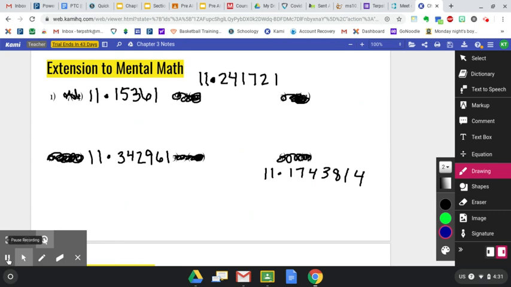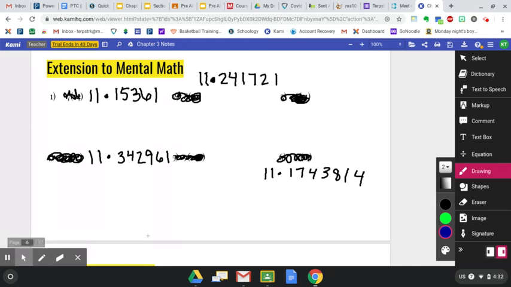Take a minute, pause the video, and write these problems down. We're going to do 11 times 15,361, and then 11 times 342,961. So pause real quick and write those down.